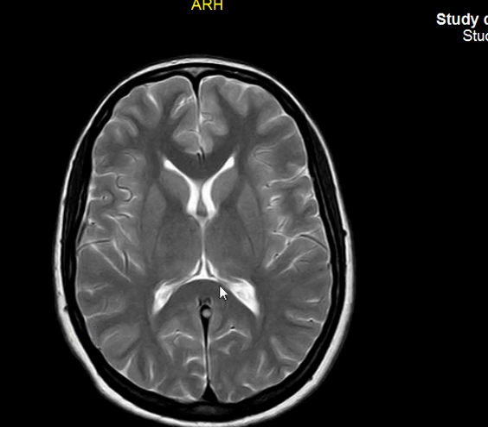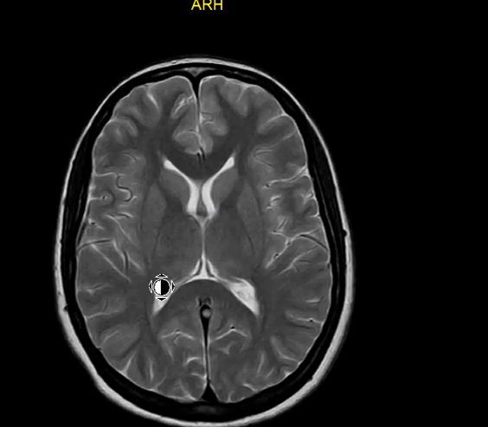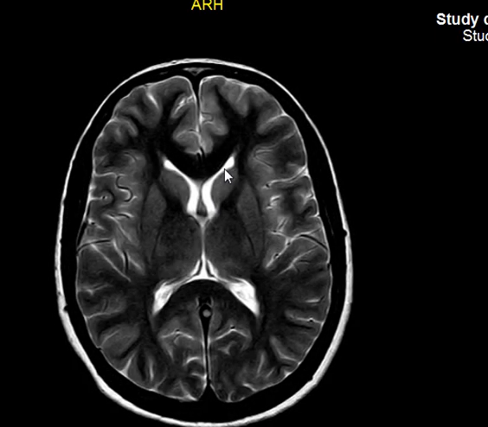As we agreed, gray matter on T2 is brighter. Let me make a little adjustment to the image. You can see these bright things here. These are also gray matter, but deep.